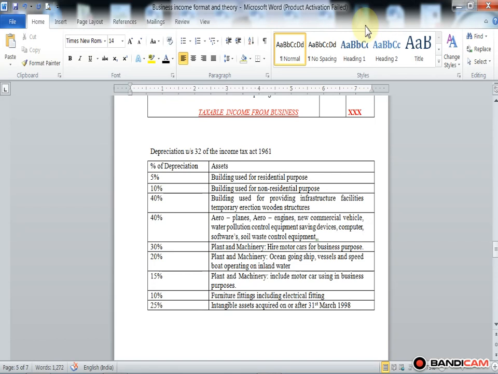So 30% depreciation is allowed on machinery or plant which is used for the business purpose under the Income Tax Act 1961. 20% depreciation is allowed on ocean going ships, vessels and speedboats operating on inland water. 15% depreciation is allowable for plant and machinery including motor cars used in business. 10% depreciation is allowed for furniture and fittings including electrical fittings.